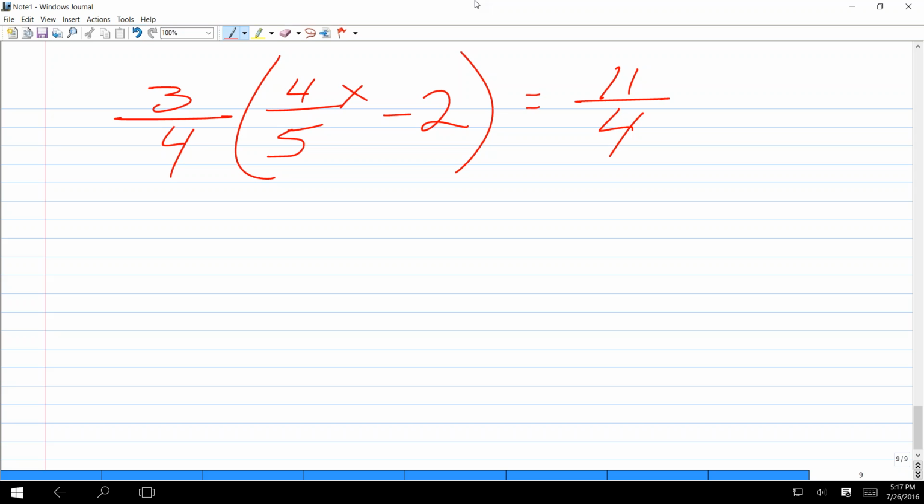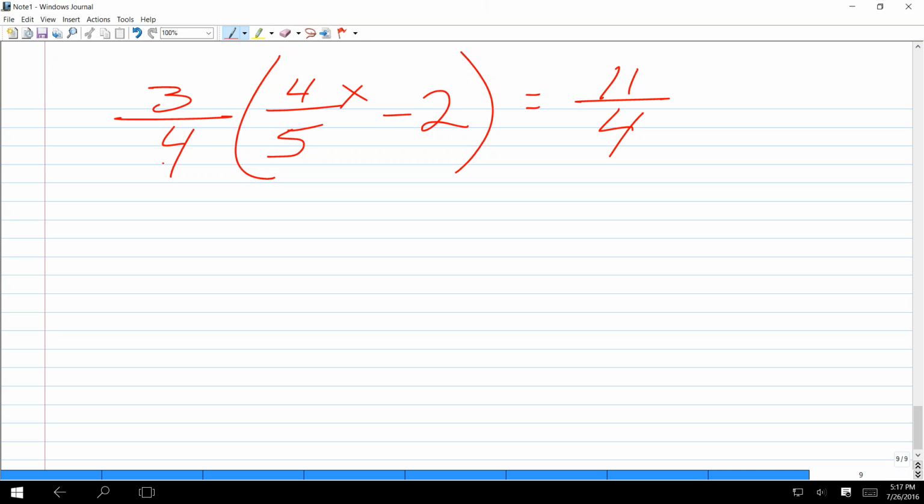What's one thing I can do immediately that makes this whole problem a little bit easier? Getting rid of the parentheses? Well, or getting rid of the fraction, getting rid of the 4 on the bottom. How can I get rid of that 4 on the denominator? I agree that I'm always trying to get rid of all my denominators.